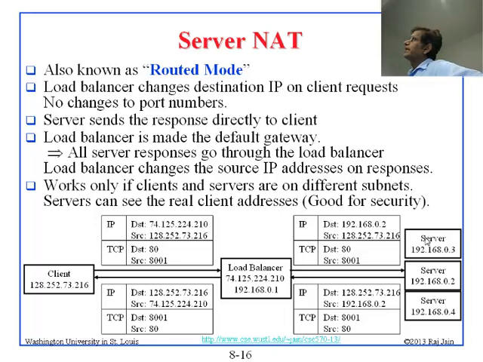The load balancer is made the default gateway. So the problem here is this packet actually has to go through the load balancer, and the way it will go through the load balancer is not by the address, but because it is the default gateway.